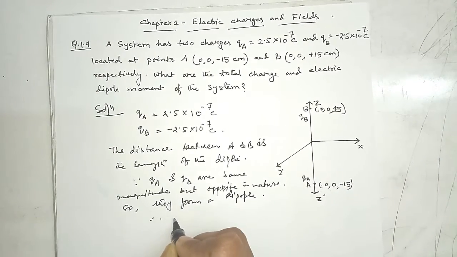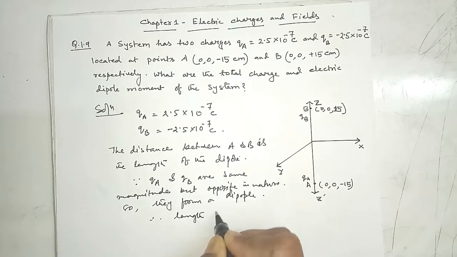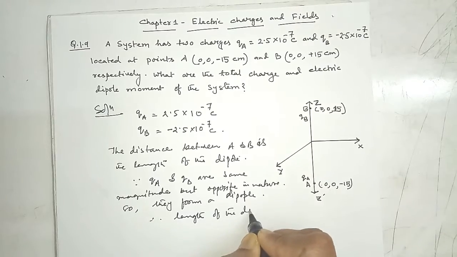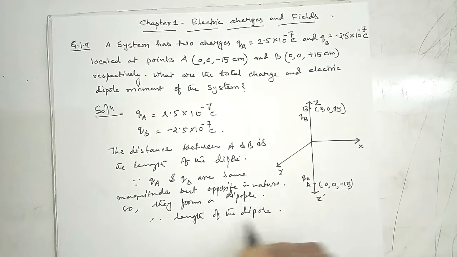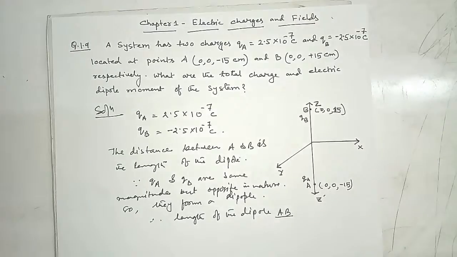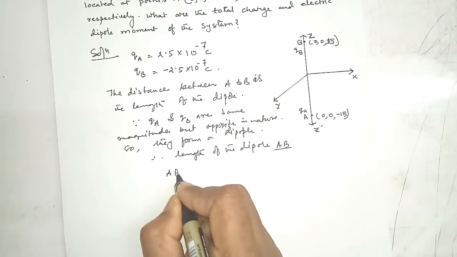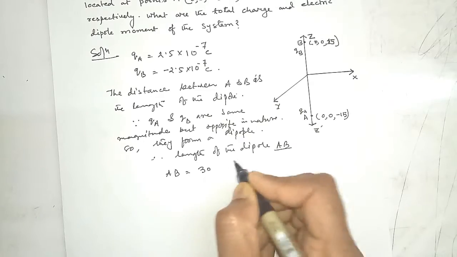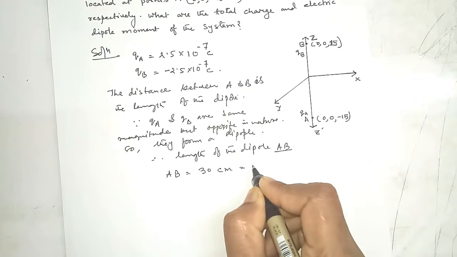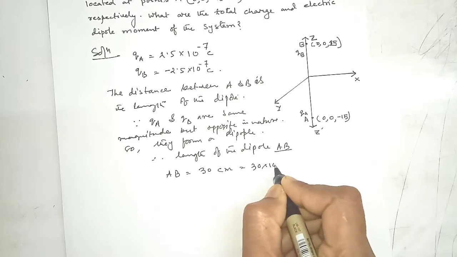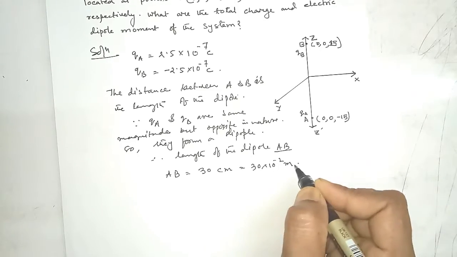So the length of the dipole is AB. So AB equal to 30 centimeter, that is 30 into 10 to the power minus 2 meter.